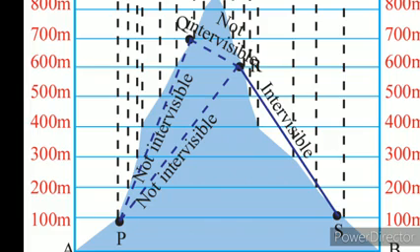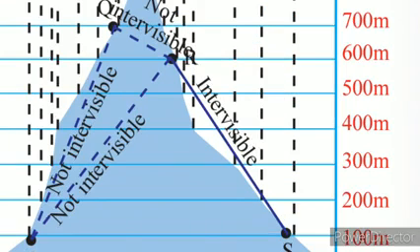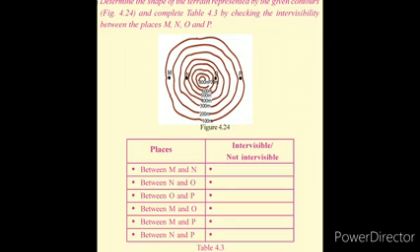When the straight line between these two points goes through the shaded portion, there may not be intervisibility. But look at the next points, R and S. There is intervisibility because the straight line between R and S goes out of the shaded area. This is the method to find out intervisibility. This is another worksheet for you. Read the question carefully and write down the answers in your notebook.